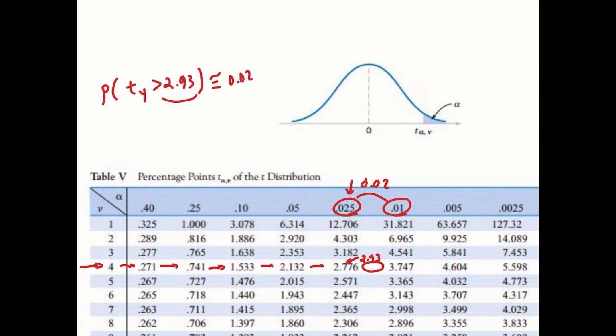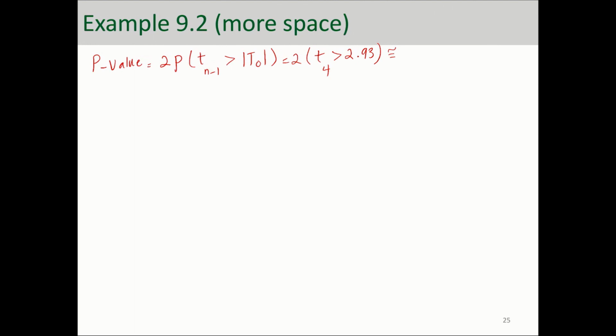Again, we can calculate this more accurately using statistical packages, or even with linear interpolation, but I think this is close enough. So that is equal to 2 times 0.02, that is 0.04. Well, here p-value is less than alpha, because alpha of our test is 0.05, so we reject the null hypothesis.